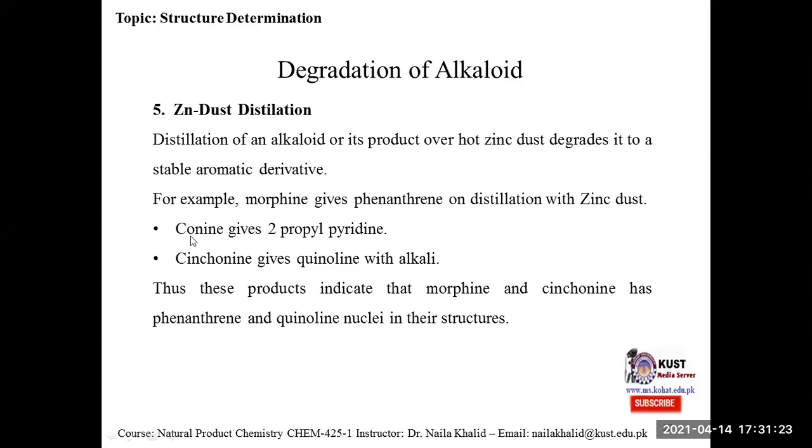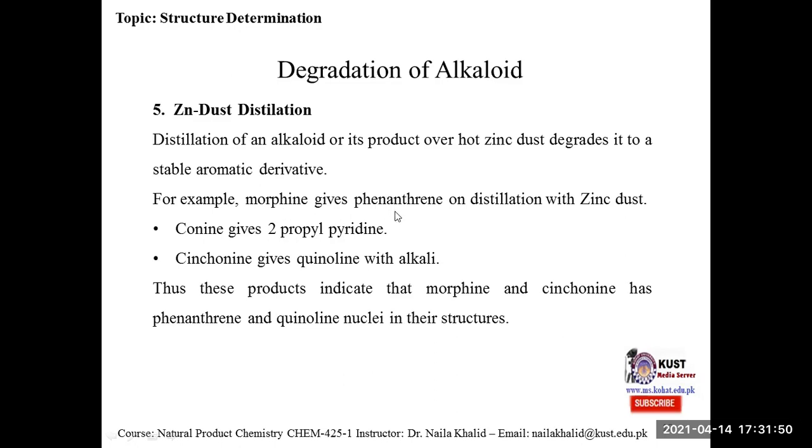If you have coniine, upon zinc dust distillation it gives you 2-propyl pyridine. Similarly, morphine gives you phenanthrene. Cinchonine gives you quinoline. It means that cinchonine has quinoline in its structure. Coniine has this type of nitrogen containing heterocycle along with this side chain which has 3 carbon atoms.